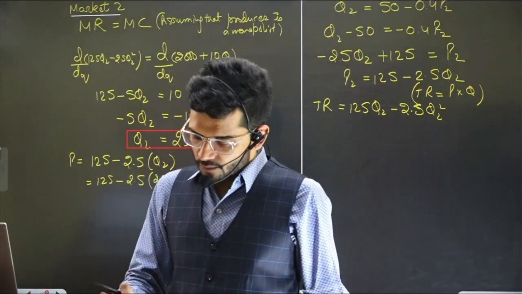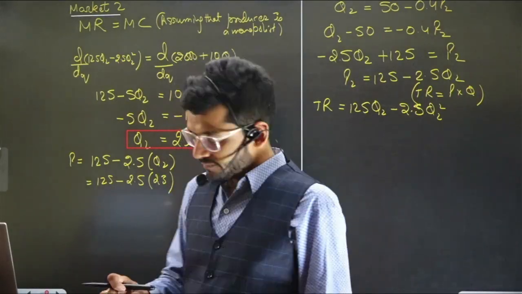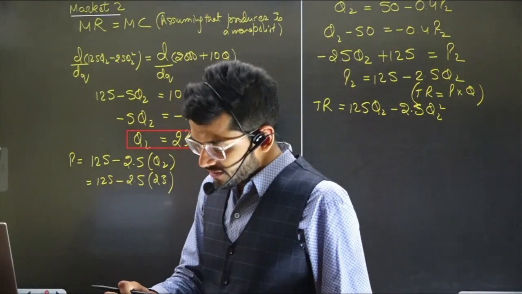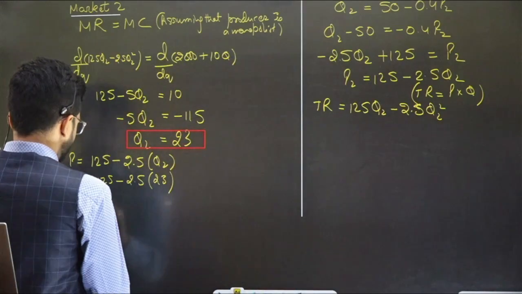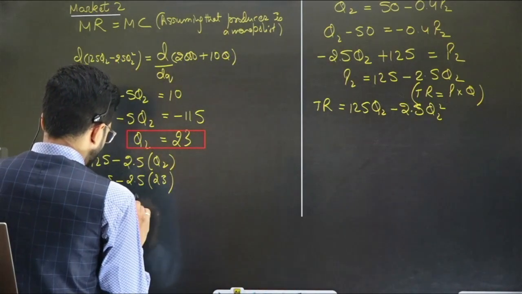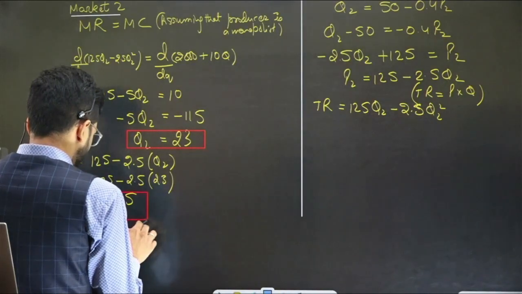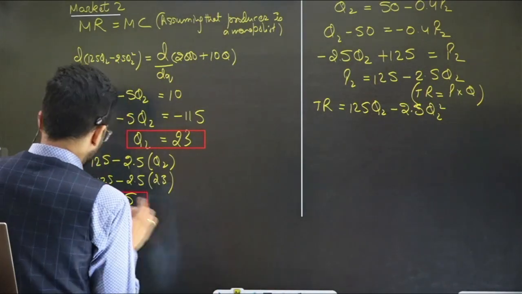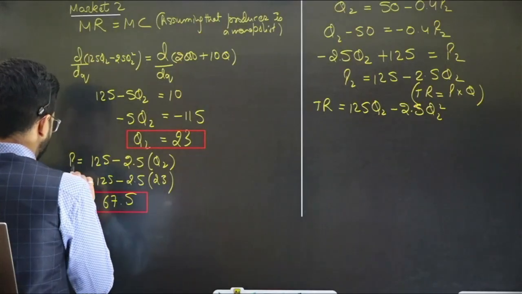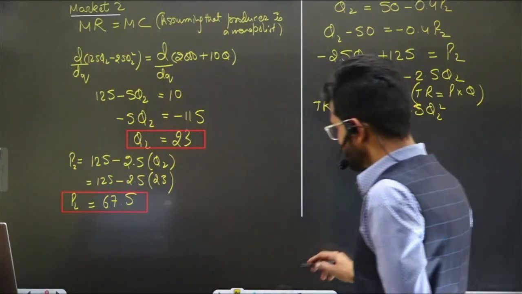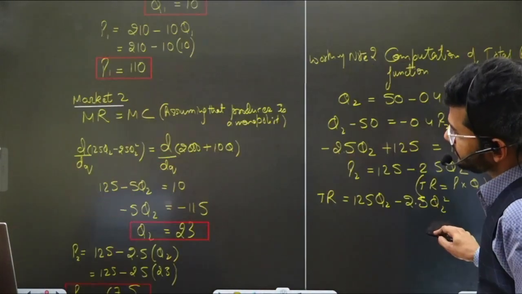So 23 into 2.5, subtracted from 125, gives me 67.5. So the price which is to be charged is 67.5 in market 2.